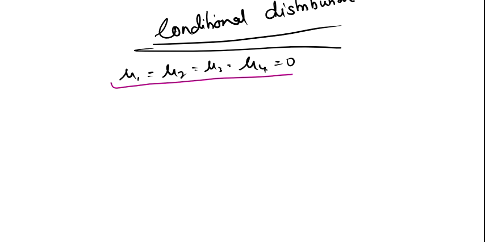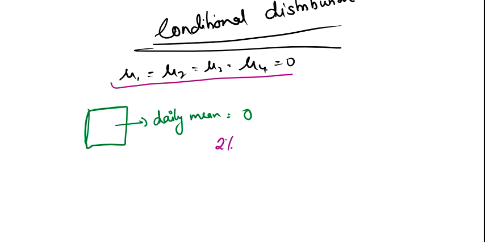The reason is that when you have the whole data and you want to find out the daily mean, it is going to be close to 0. Suppose I give you an example. The mean of the data is 2% for a 3-month period.